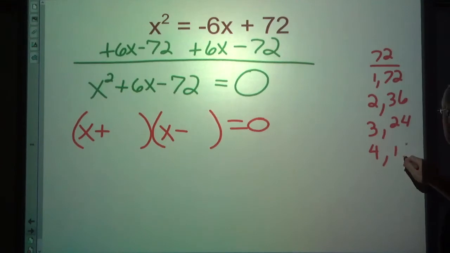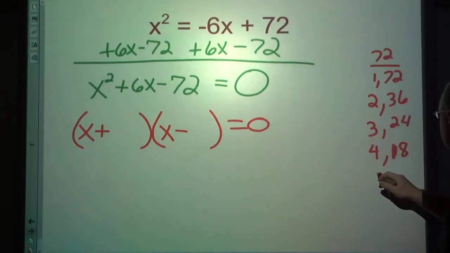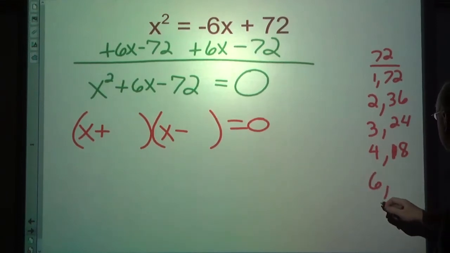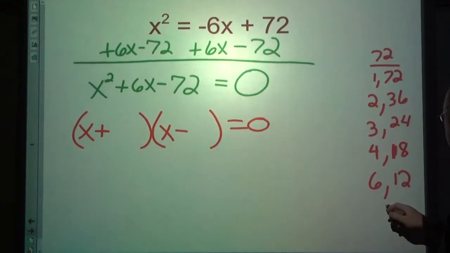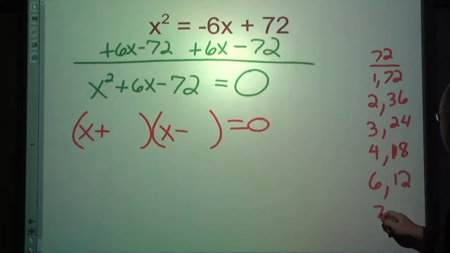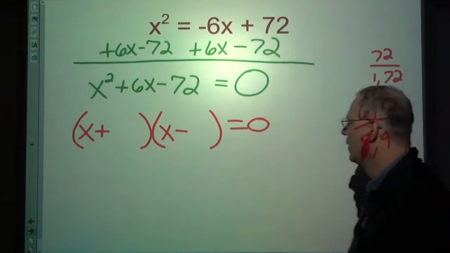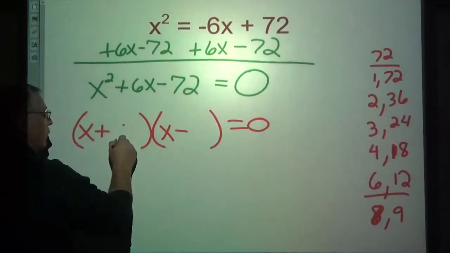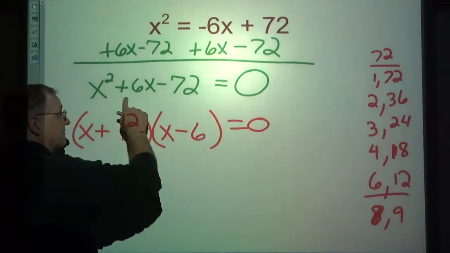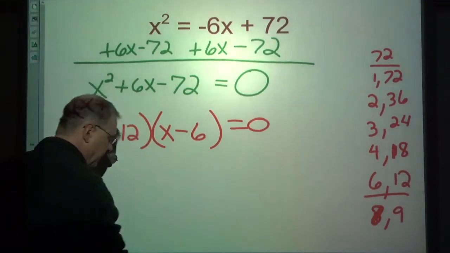I think so. 18, yes. 6 and 12. Hey, there's the differ by 6. And 7, 8 and 9. All right, 6 and 12 are the ones we want. I want my 12 to be positive and 6 negative to get a positive 6.